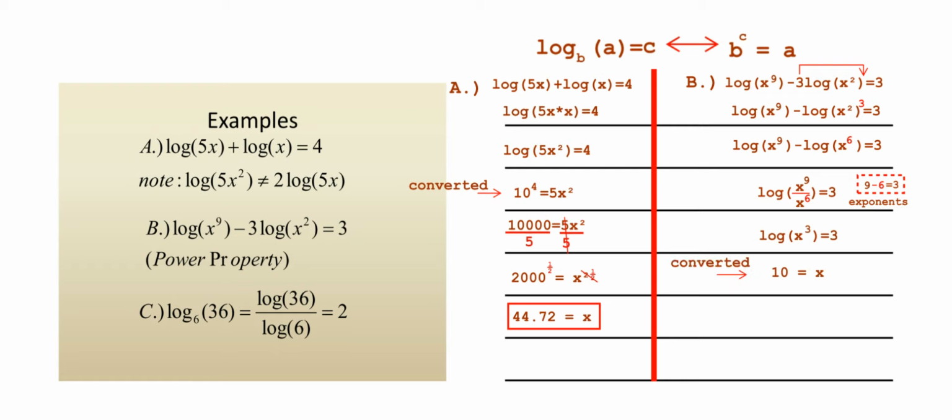Okay, so let's convert. Converting from log to exponential, 10 to the power of 3 is equivalent to x to the 3rd. Notice x to the 3rd, we originally had it in parentheses, agreed? And just for reference, notice that the exponent of 3 comes from the other side of the equal sign, 10 to the power of 3. And visually, we can actually see the answer in this case.